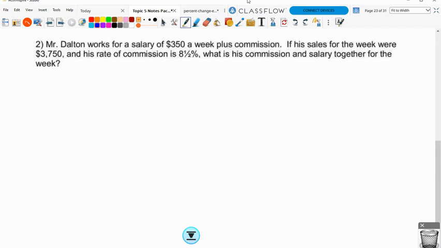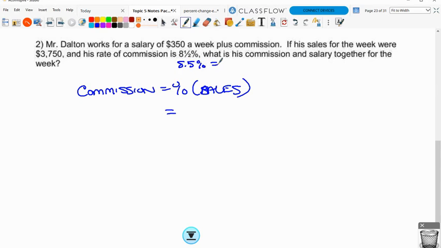So let's start by figuring out how much he earns in commission. Commission equals a percentage of the amount of sales. They tell us the rate of commission right here is 8.5%, which is the same as 8 5/10%, but we'll convert that into a decimal.